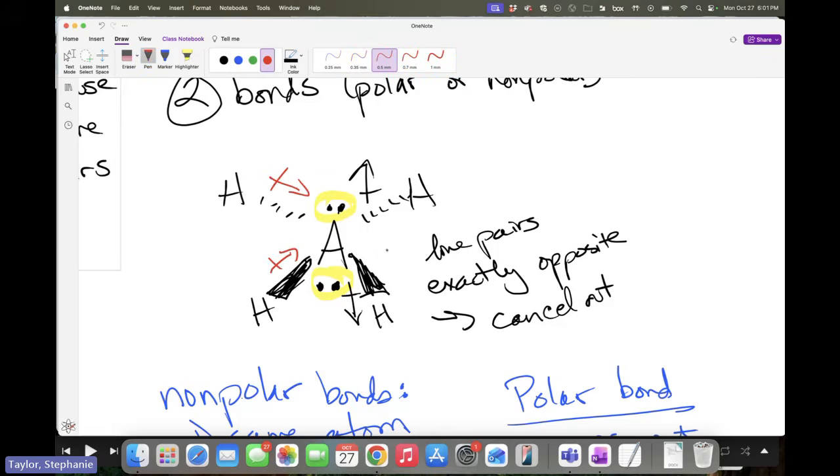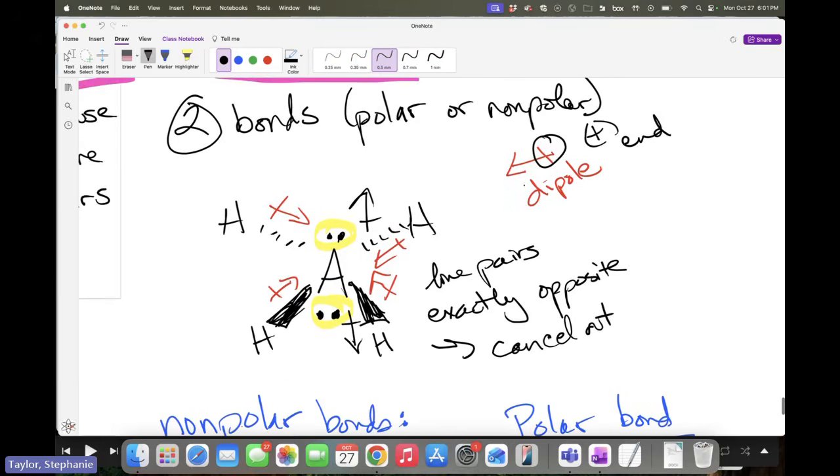So these things that I'm drawing are dipole moments. So when you look at this, this is supposed to be a dipole or a dipole moment. This is supposed to be your positive end. Should perhaps write out the word positive. This is supposed to be the negative end.